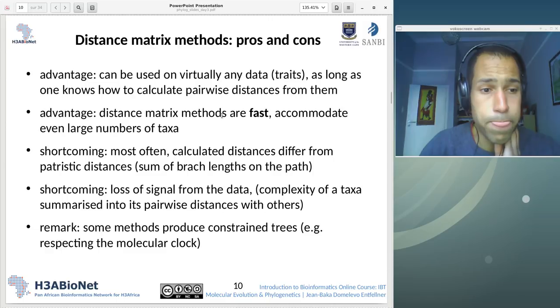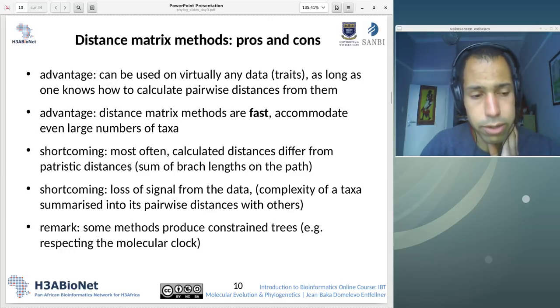So another advantage is that distance matrix methods are fast. They accommodate even large numbers of taxa because of their speed. The shortcoming is that most often the calculated distances differ from patristic distances. We're going to see this again later, but basically in your matrix, let's imagine you have two taxa, taxon 1 and taxon 10.